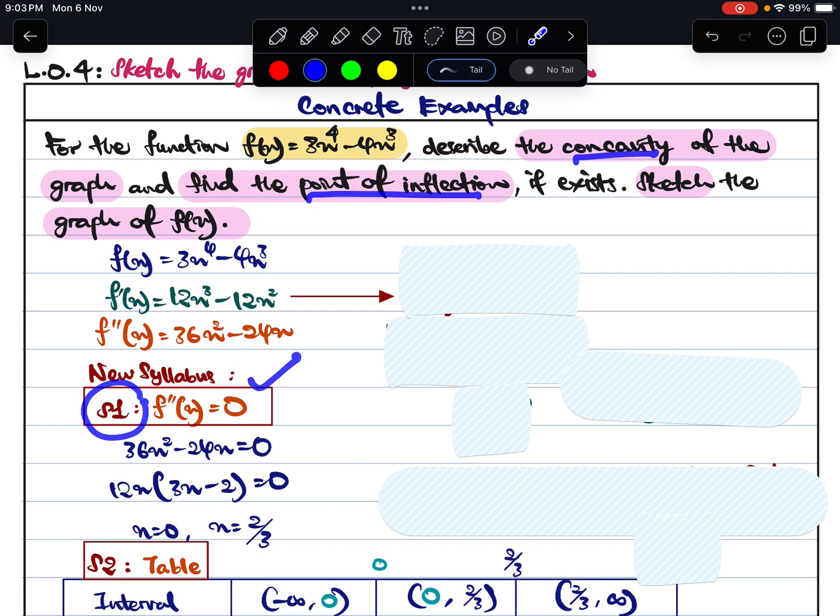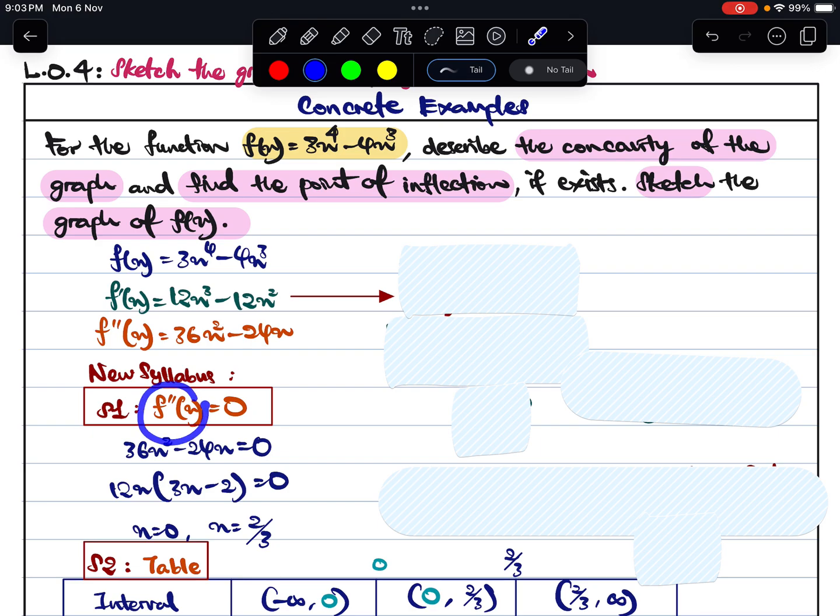This is a very powerful step that you must memorize. It is the second derivative. You must find its second derivative and then make it equal to 0. This is very important. If not, we cannot move on to the next step.